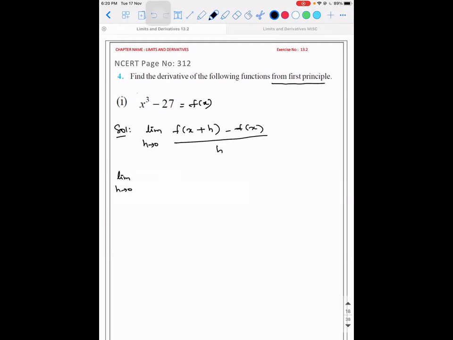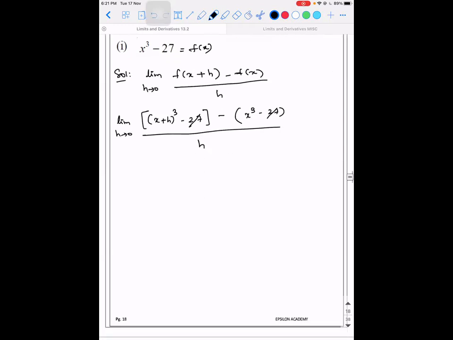F of x plus h means it is x plus h the whole cube minus 27, minus f of x, which is x cube minus 27, the whole divided by h. So 27 will get cancelled. Limit h tends to 0, x plus h the whole cube is x cube plus h cube plus 3x square h plus 3x h square, minus x cube, the whole divided by h.